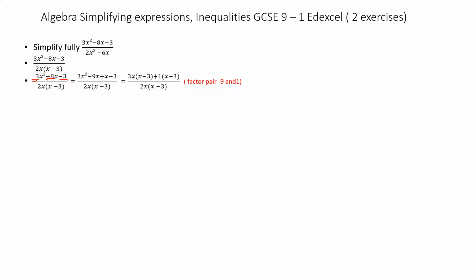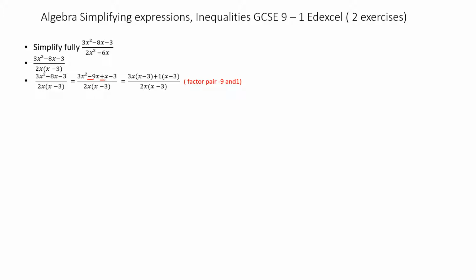Right, so I got the factor pair of minus 9 and 1. When I multiply minus 9 and 1, I get minus 9, and when I add them, I get minus 8. Hence minus 9x plus 1x there.